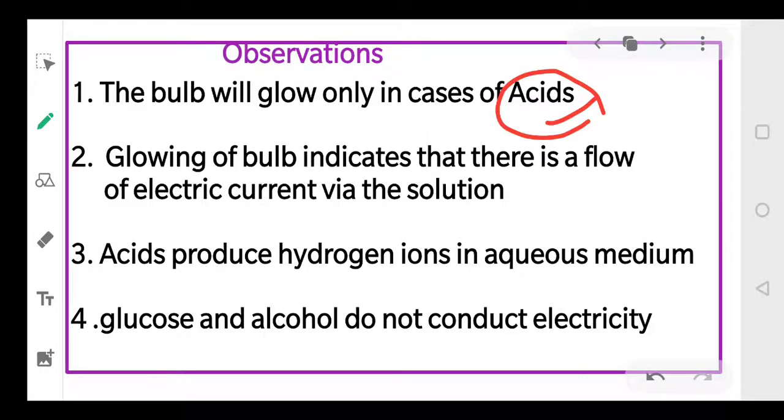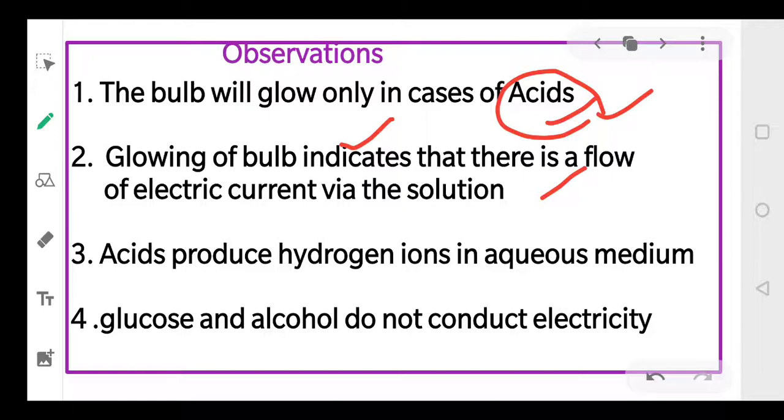So when they are added, the bulb will start glowing in case of acids. Now this glowing of the bulb indicates that there is current flowing in the solution. Current is flowing in the solution. When? When we have poured the acids.